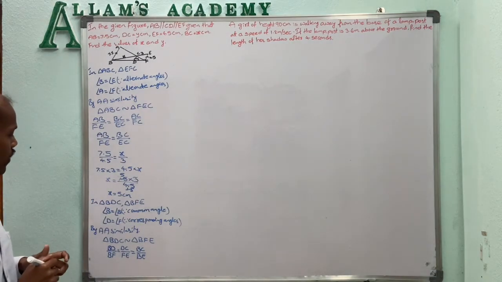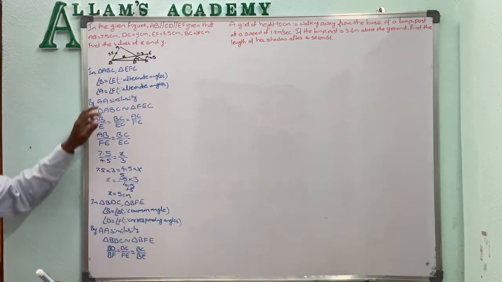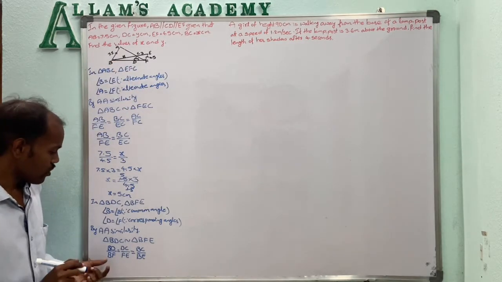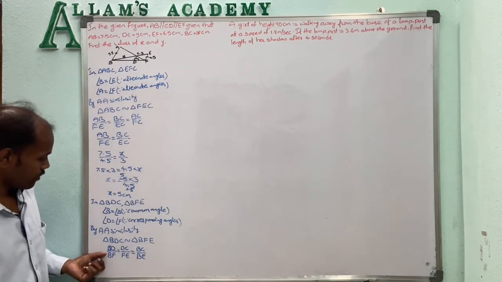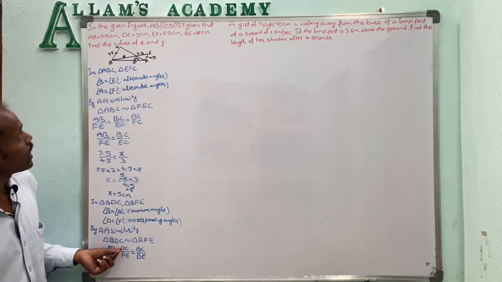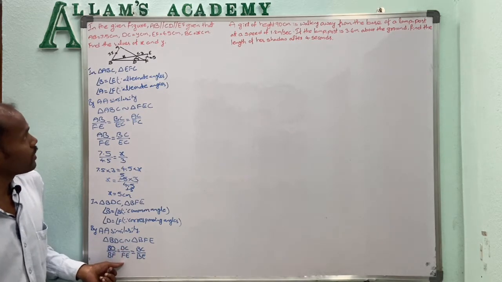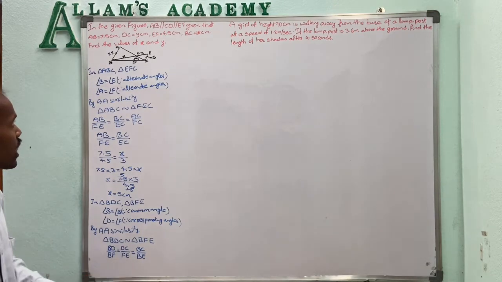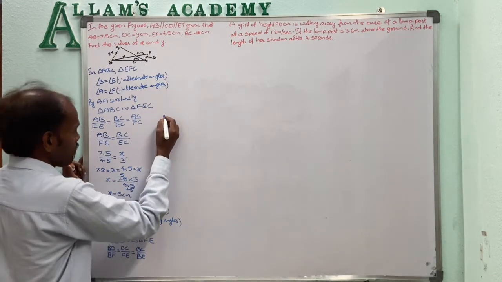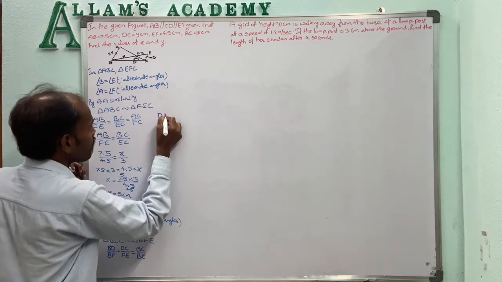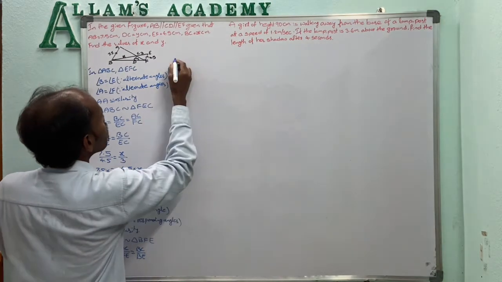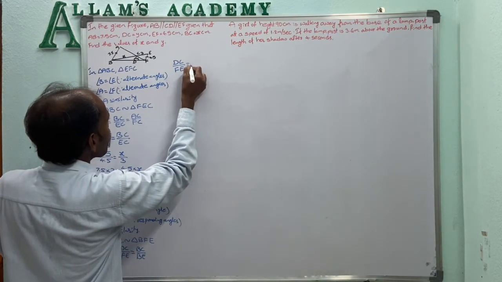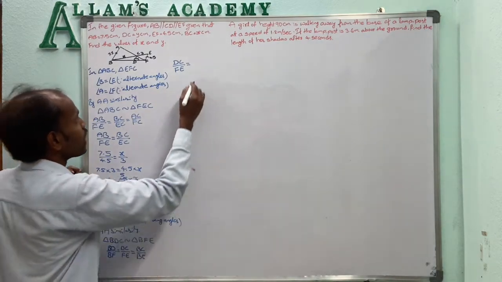The ratio of BD and BF is not given, so we leave this one and take DC by FE equals BC by BE.